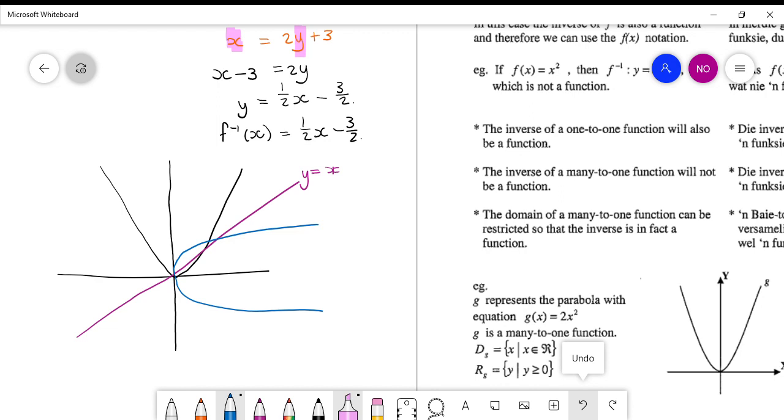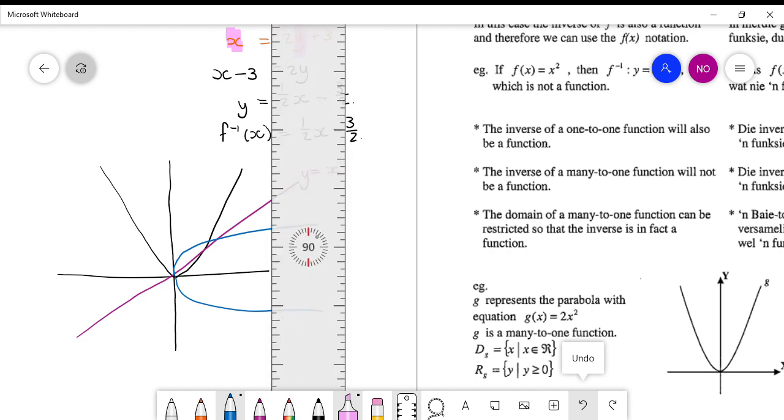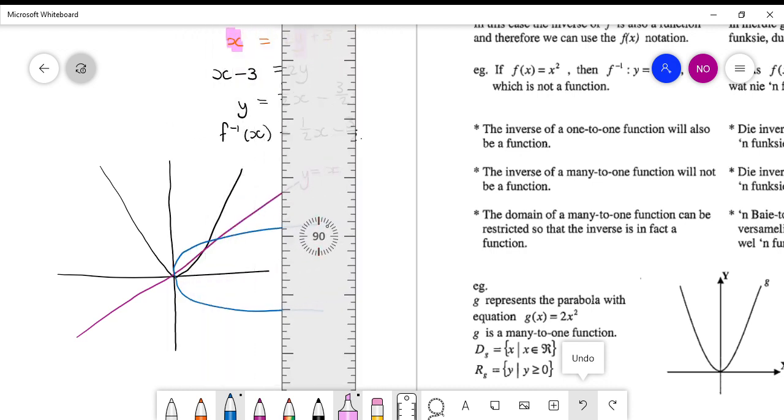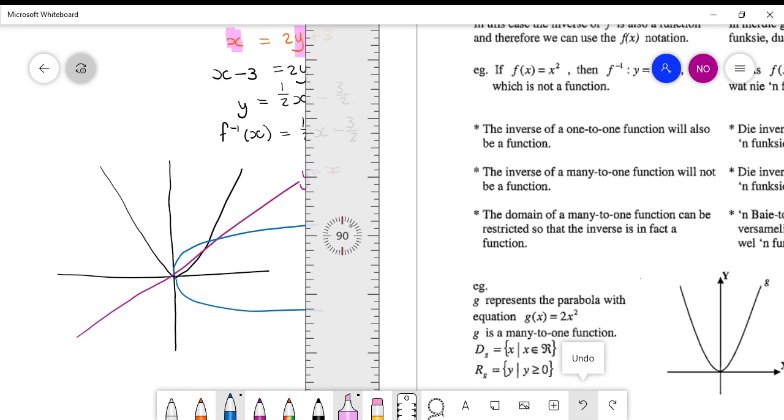And is that a function? No. Stimulus saam, dis nie 'n funksie nie. Want as ek my lineaal so gaan sit, dan sny hy hom 2 keer. Okay. And to take care of that, we are going to limit our original function.